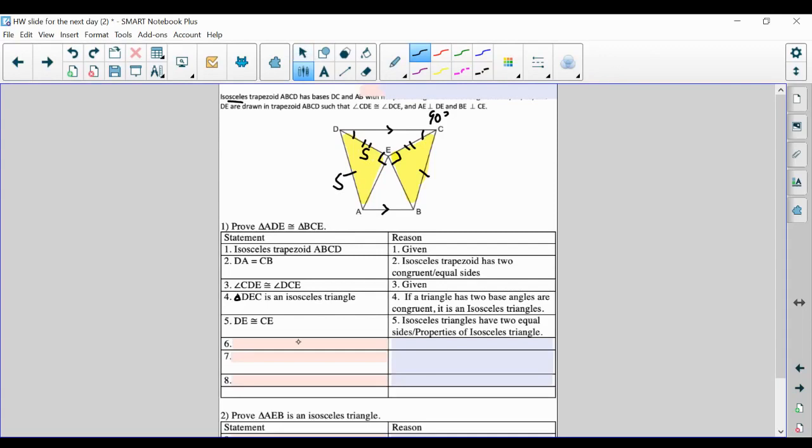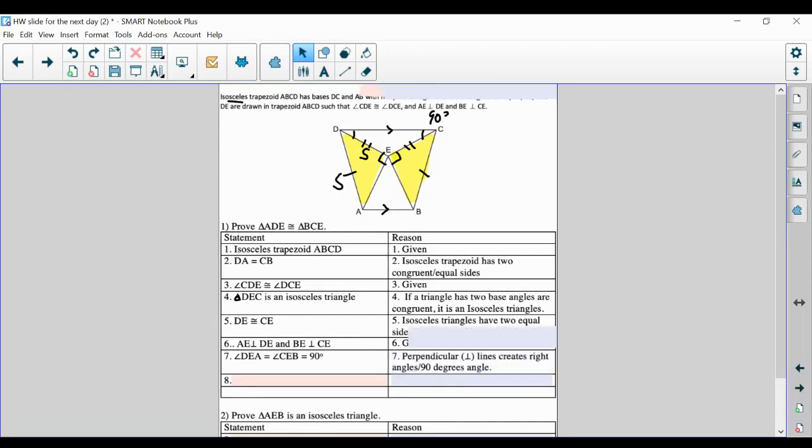Since those two lines are perpendicular, and perpendicular lines create 90 degrees, you can say angle 1 and angle 2, or you can say what I'm doing here: angle DEA is congruent with angle CEB, equal to 90 degrees. That is because of the word perpendicular, the symbol. Perpendicular lines create a 90-degree angle, or a right angle.